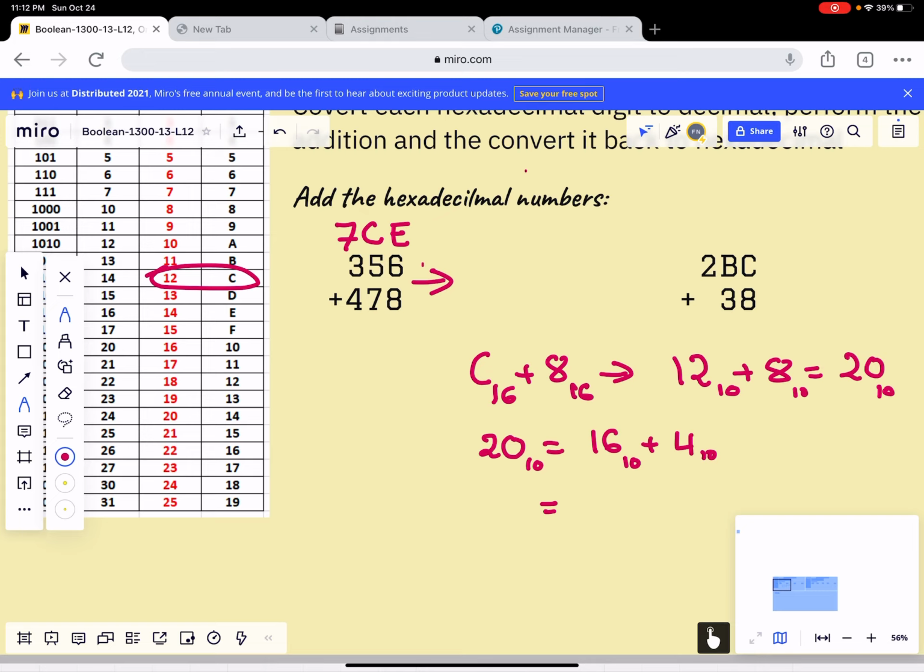So I can write out 1 times 16 plus 4 times 16 to the power of 0. So the answer is 1 and 4. So I'm going to write out 1, write out 4, and then carry 1 over.